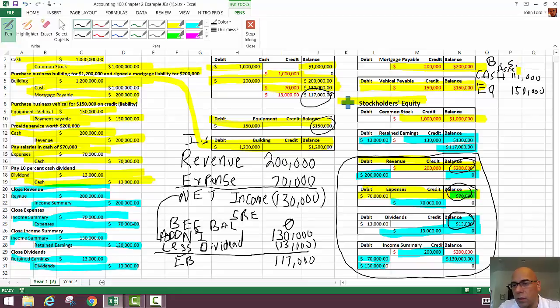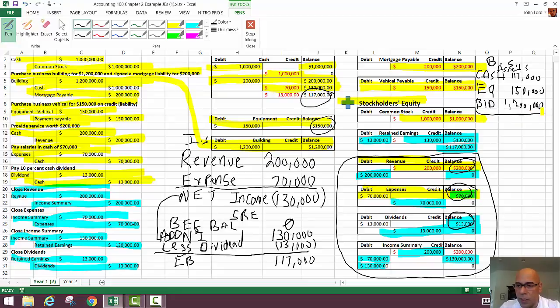Cash is an asset, equipment is an asset, my building is an asset. Building is 1,200,000. I think that's it for the assets.